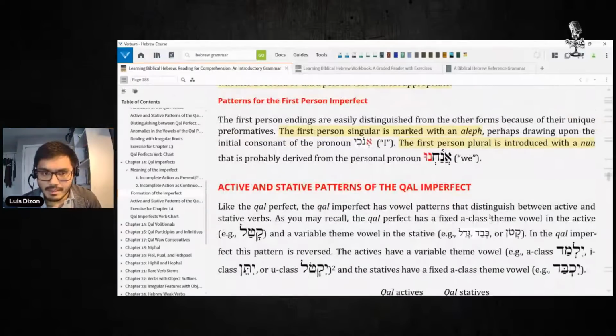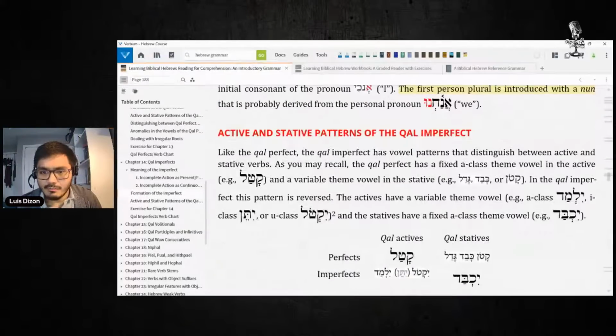So that being said, we briefly touched on actives and statives when we were talking about the Qal Perfect. Just like with the perfect, the imperfect also has active and stative forms.